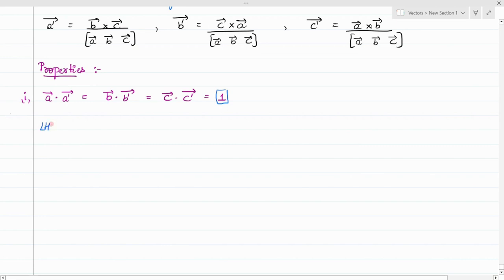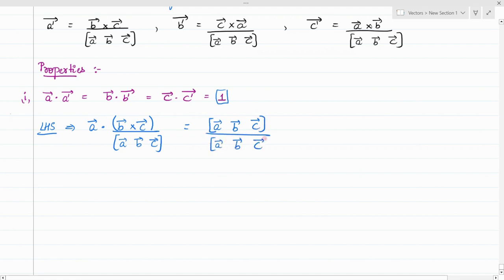Let's take LHS as A vector dot its reciprocal, which we have just seen is B cross C by box product of A, B, C. Now A dot B cross C is nothing but scalar triple product, that is, it is also a box product. So when you divide it by the box product, you will get 1.